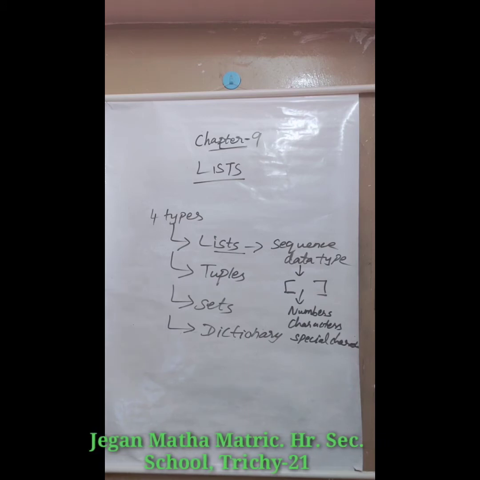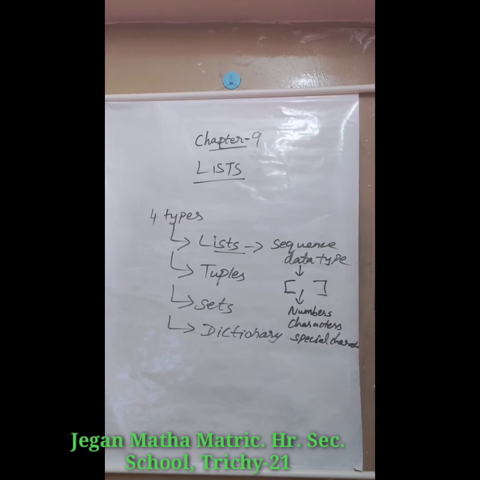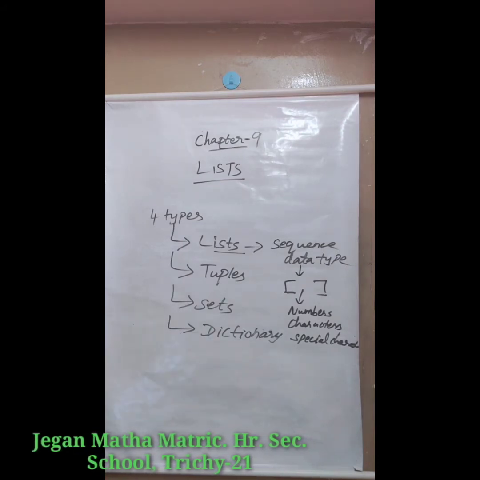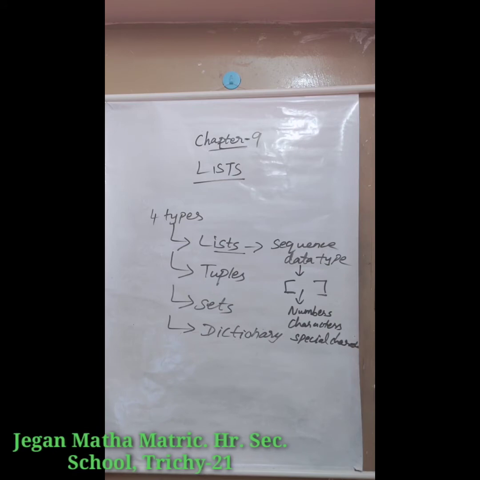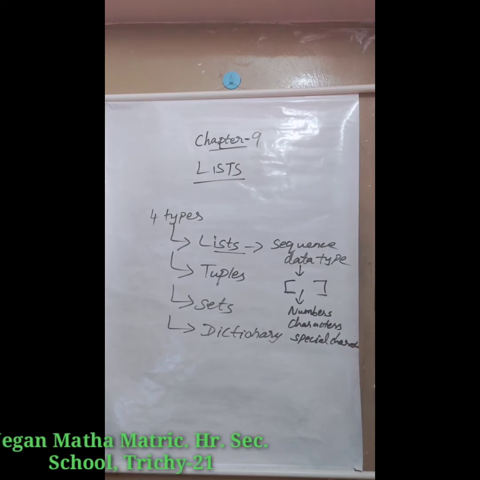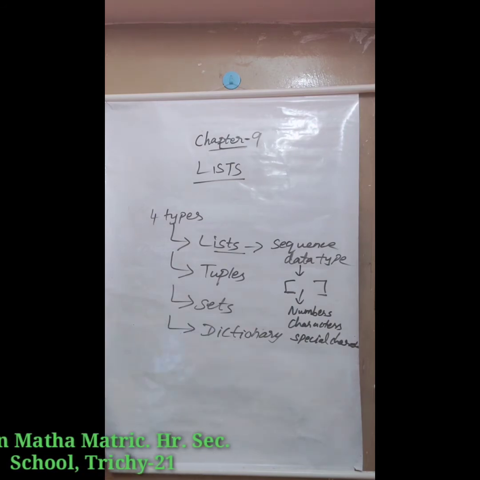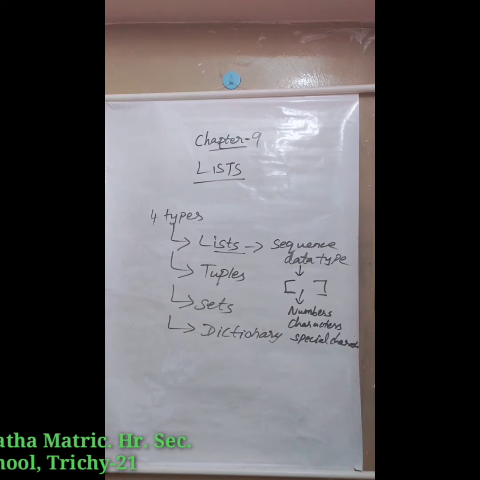So every element rests at some position in the list, and the position of an element is indexed with numbers beginning with 0, which is used to locate and access a particular element. Thus lists are similar to arrays, which we learnt in 11th standard.